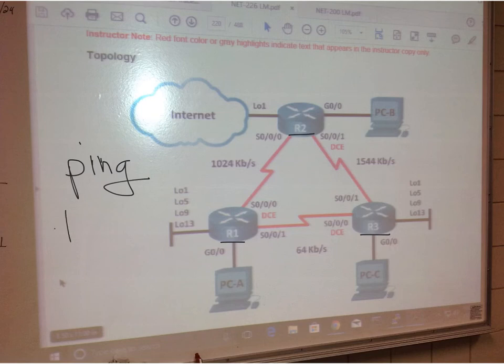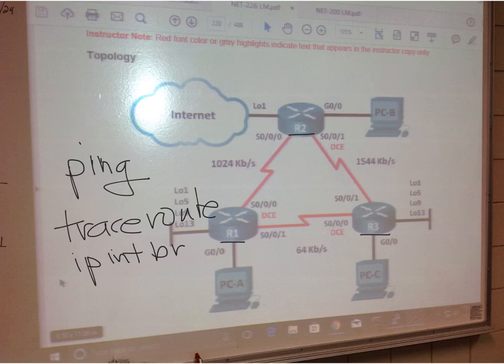They used ping, they used traceroute, and then they looked at IP interface brief. We looked at IP route, looked at the routing table, and some other information.